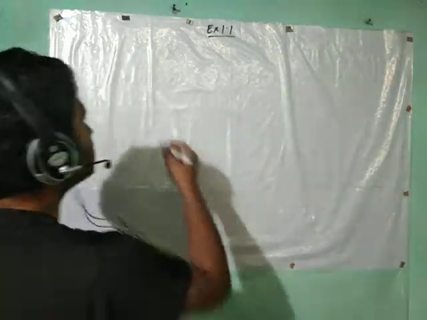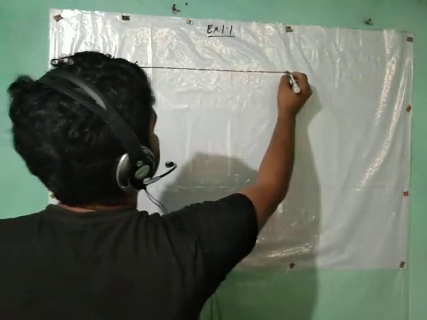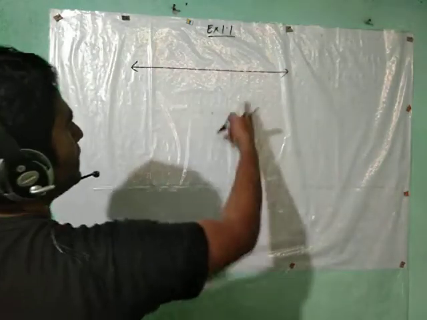Now I will start with exercise 1.1, because there is nothing much important which I need to discuss. But I will show you something regarding the number line. Suppose this is a number line.